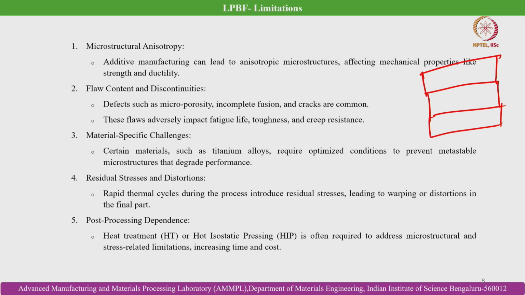So, if I draw the typical microstructure, which can be say columnar dendritic, it depends on the local thermal gradient and cooling rate, or more specifically, on the G by R ratio. So, what is G here? G here is the thermal gradient, and R is the solidification front growth speed.